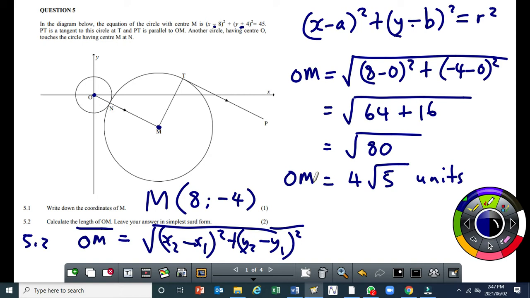Are you following? Right. You don't need to do these steps over there; you can just leave it here. Yeah, but remember, I'm not using a calculator. For this question, it's 2 marks.